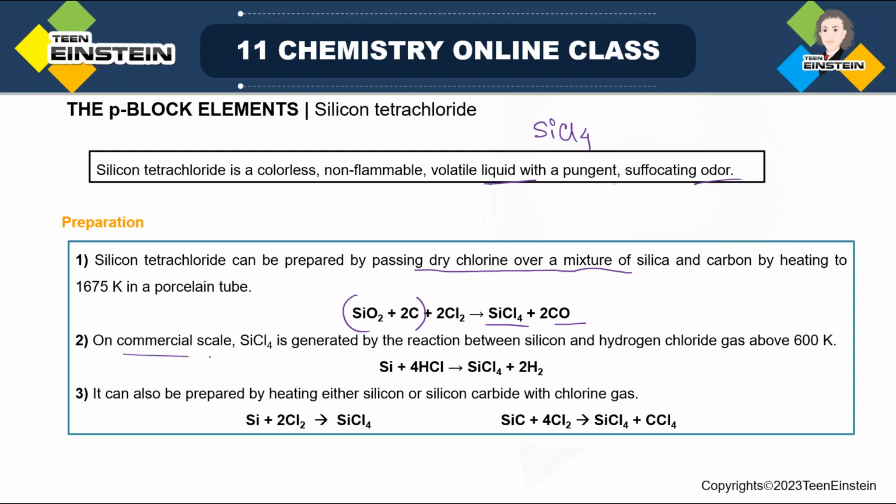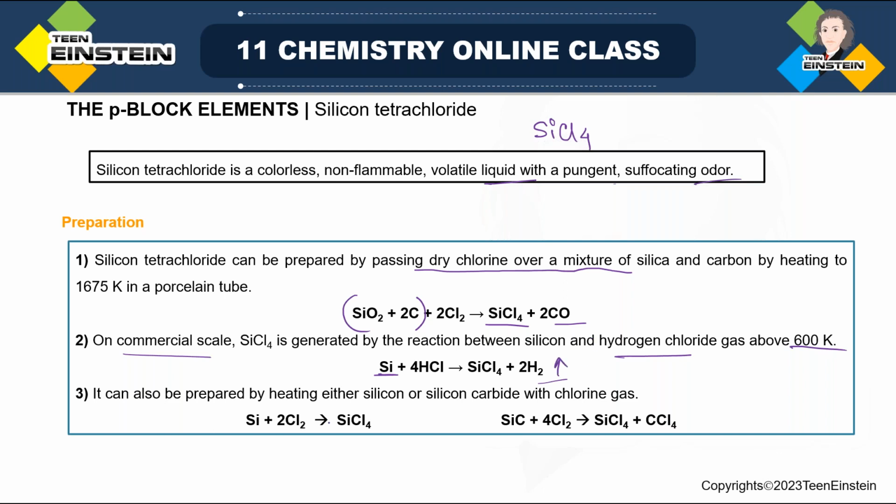But if we want to prepare it on a commercial scale, that is, large scale, then we start from the element silicon and hydrogen chloride gas, not the liquid acid. In the gaseous form, hydrogen chloride above 600 Kelvin gives SiCl4 along with hydrogen gas.